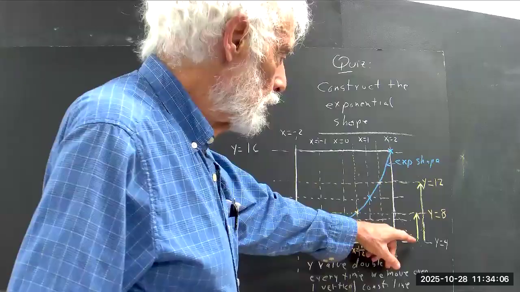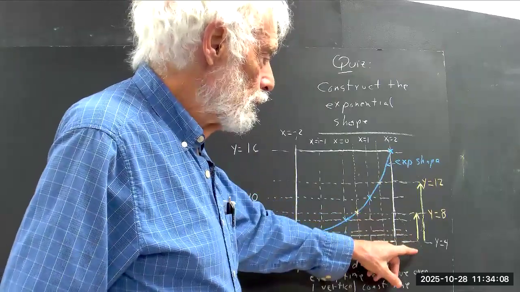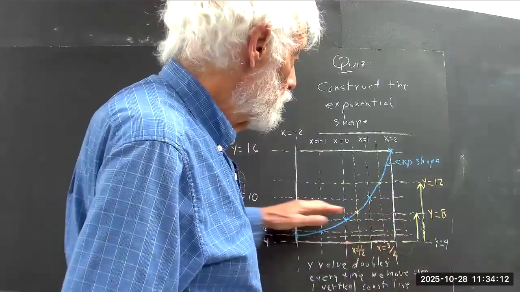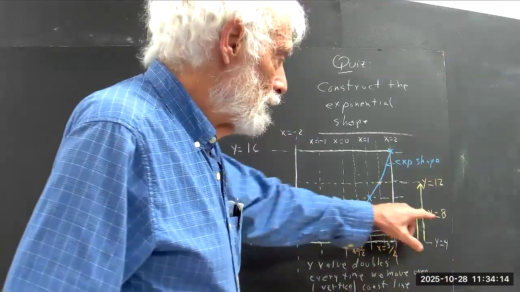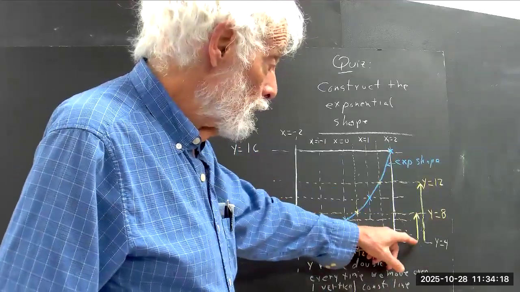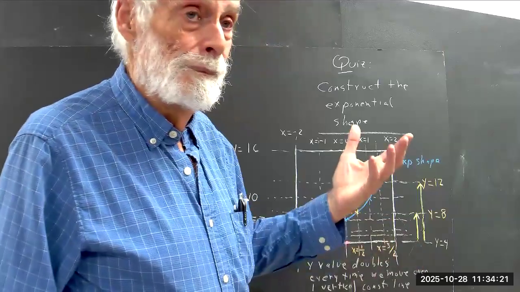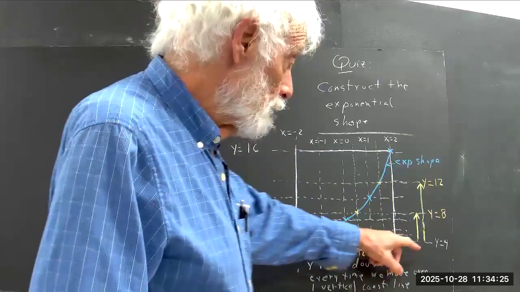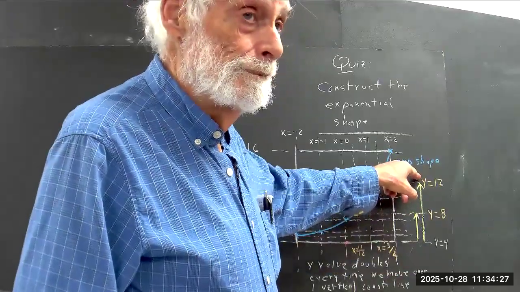You show me your fingers, what's the length of this arrow? The arrow that goes from the y equals 4 line as a lower edge to the y equals 8 line, the one that we drew in to get two points. So how far is it from here to here? Yeah, obviously it's 4. Okay. And from here to here, how far is it?